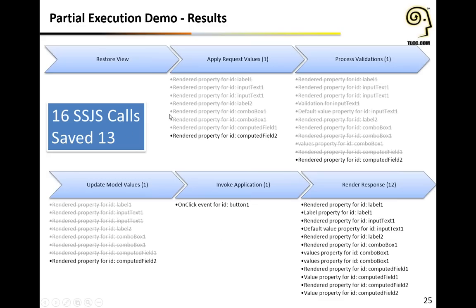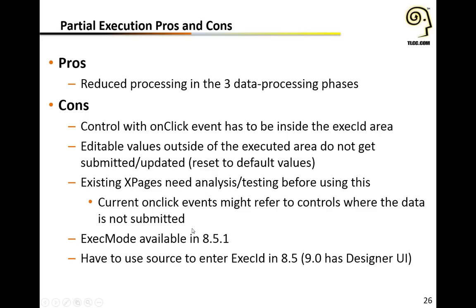And yes, we did save a lot of these rendered properties. So what makes sense here? First of all, as you see, we did save a lot of processing time. And as I mentioned, whatever kicks off the partial execution has to be inside the partial execution area.